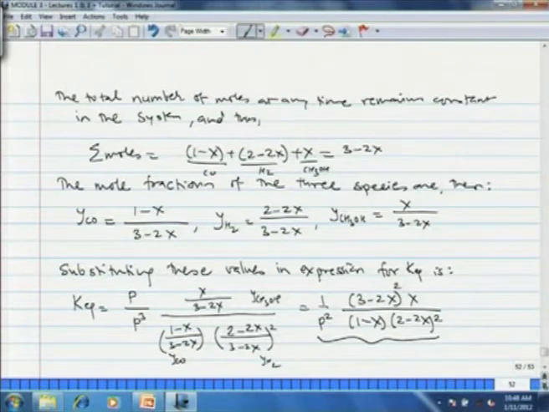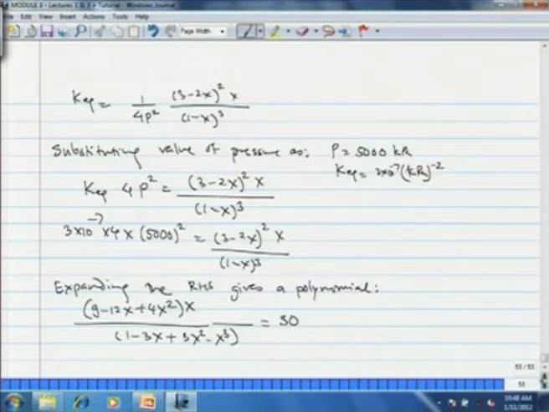And now we substitute various values here. We have been given the total pressure as 5000 kilopascal, 5 megapascal, K equilibrium as 3 into 10 to power minus 7 kilopascal raised to minus 2. After substituting everything and simplifying, we find that we actually get a polynomial after expansion. That polynomial I will give you.